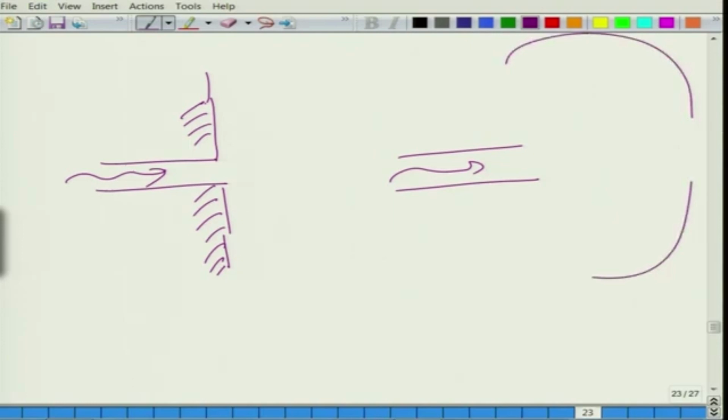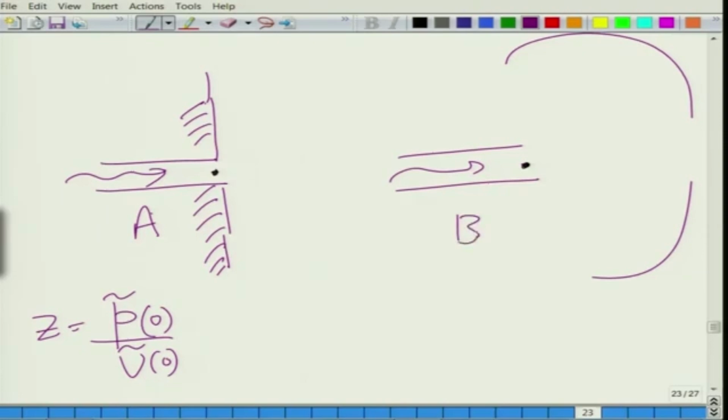So, the radiation impedance is nothing but, at this point, let me draw it with a black mark here, your Z is equal to P by U at say 0 for both cases. This one is case A and case B.